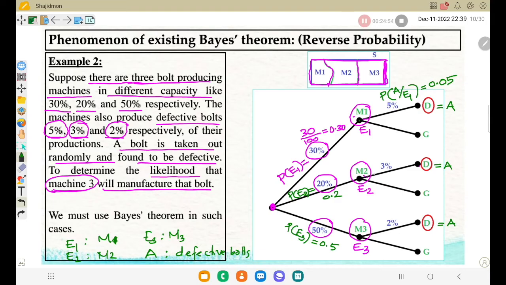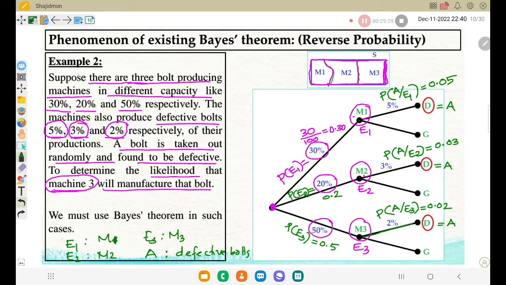The second machine's defective rate is 3%, the probability of A from machine 2, that means E2, which is 0.03, because 3% means 3 divided by 100. Same here, 2% defective bolts from machine 3 means the probability of A given E3 is 0.02.